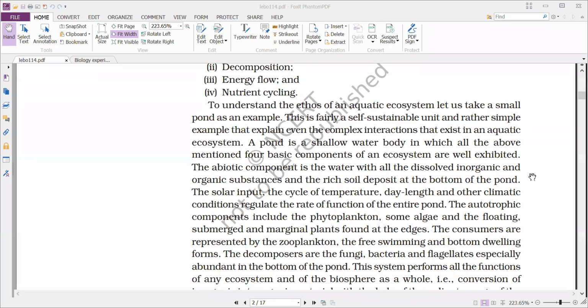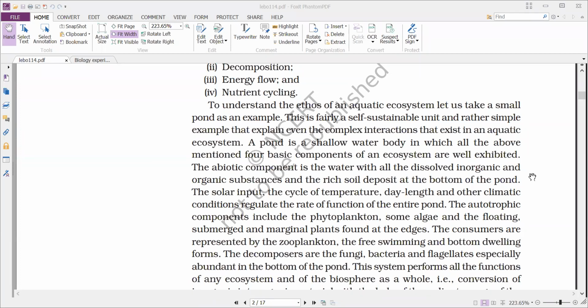Here, the major abiotic component present in the pond ecosystem is water, which consists of all the dissolved inorganic and organic substances, and the rich soil deposit at the bottom of the pond.